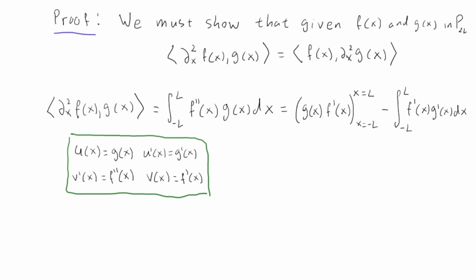So this is still a periodic function. So if you compute these boundary terms, you plug in L and then you subtract plugging in negative L, you're going to get 0. I'm not going to write it out explicitly, but this is equal to 0 since it is periodic.